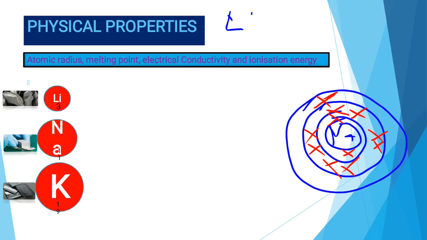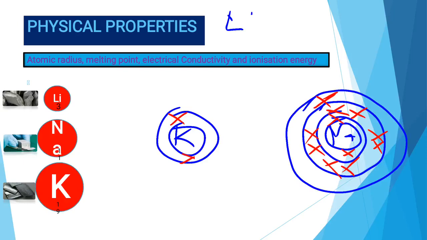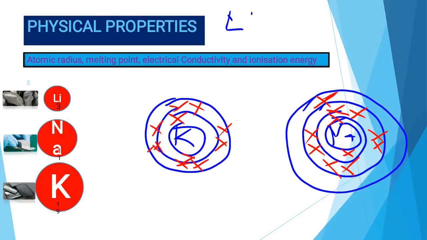We have potassium, then we have the first energy level with 2 electrons, then we have the second energy level with 8 electrons, and finally those are 8 electrons.